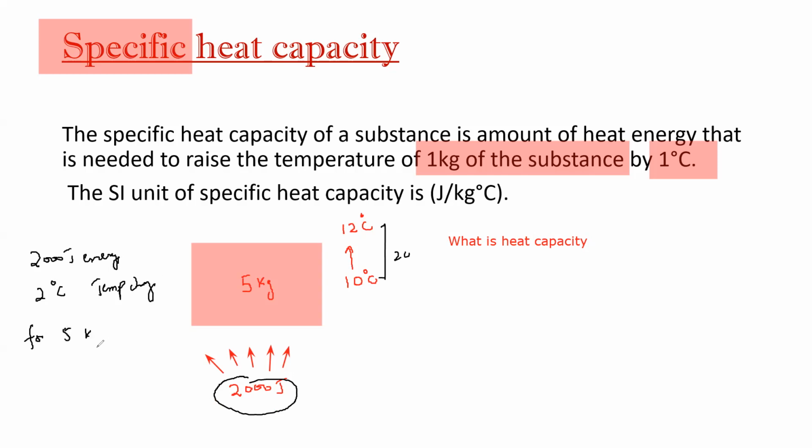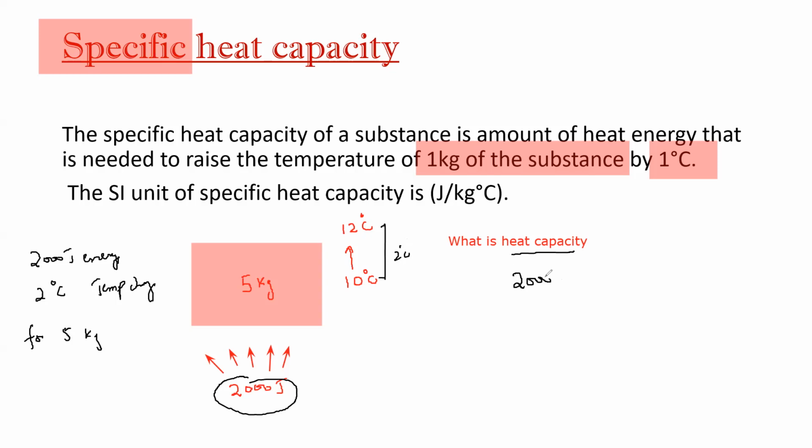This is what we have. The first part, what is heat capacity? Heat capacity means how much energy is needed to change the temperature by 1. So 2000 joules is used to change the temperature by 2 degrees. So how much energy is needed to change the temperature by 1?